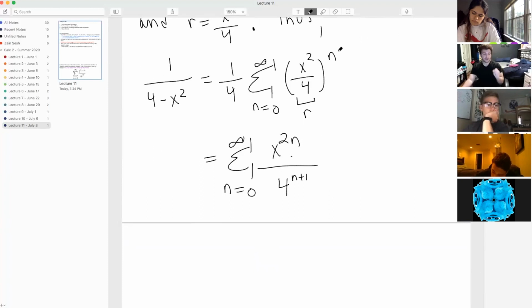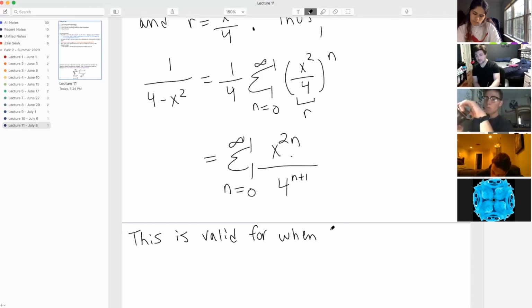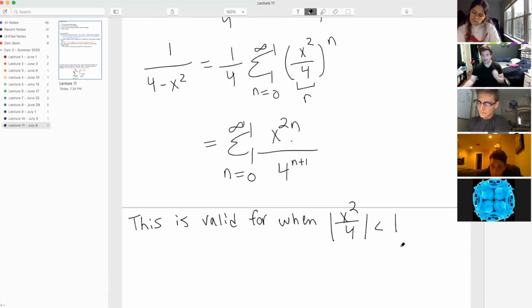We need to say for which x values this is valid. This is valid for when the absolute value of the ratio, x squared over 4, is less than 1. So this needs to be said. Remember, geometric series only converge if the absolute value of the ratio is less than 1.